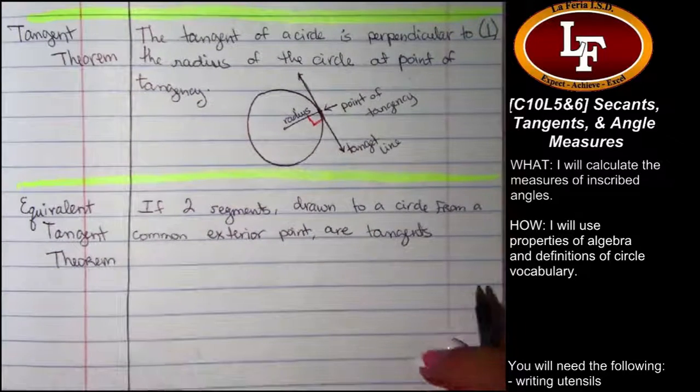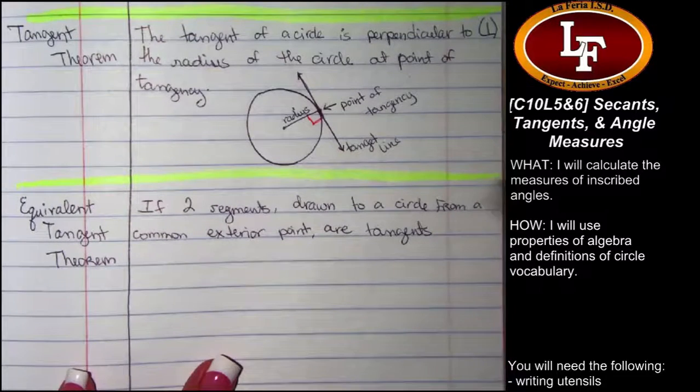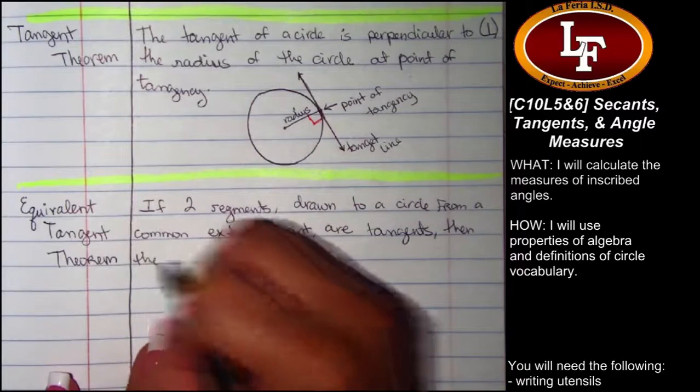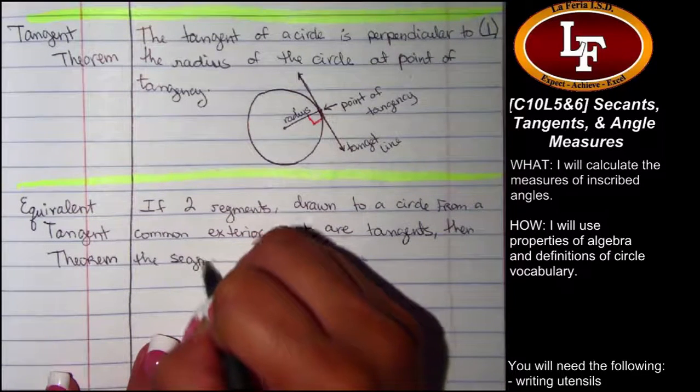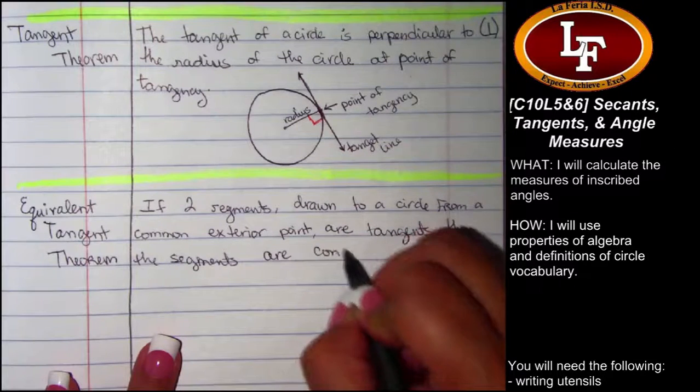So if 2 segments are tangents, and these tangents have to be drawn to the circle from some same point outside the circle, then the segments are congruent.